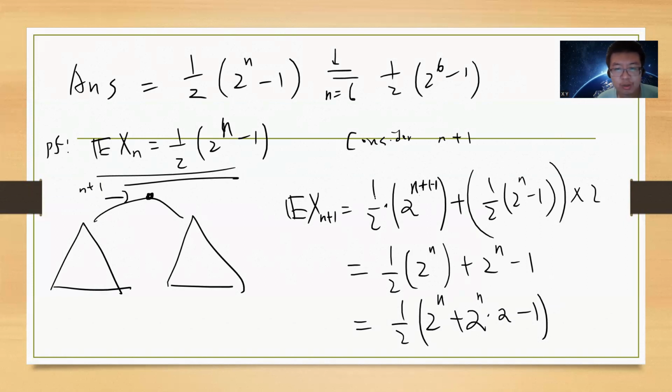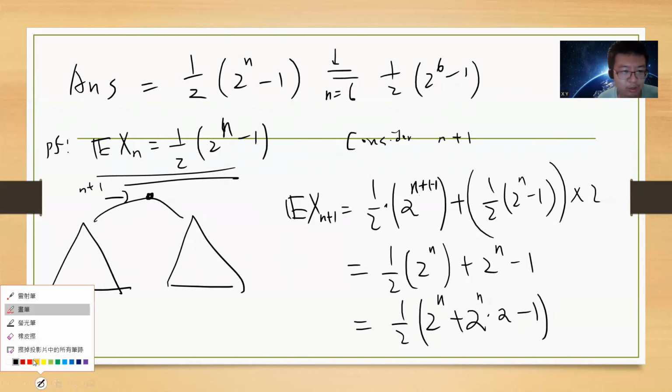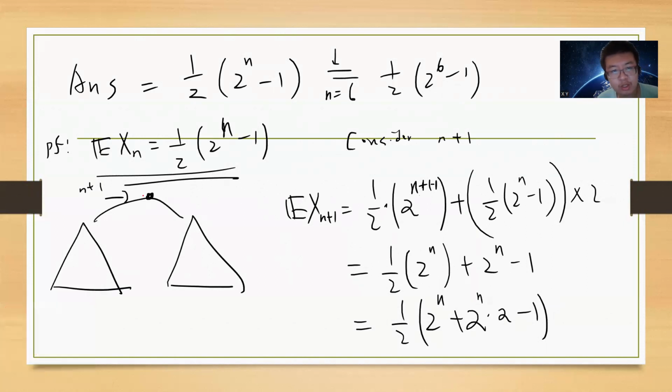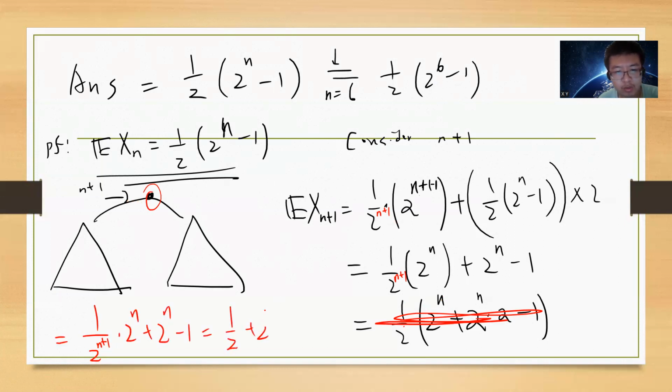Oh, so this is 1 divided by 2, and I always do some stupid thing. Okay, sorry about this. So it should be 1 divided by 2, and this is the largest, right? So I should get n plus 1. Okay, so I should get results will be 1 divided by 2 to n plus 1 times 2 to n plus 2 to n minus 1. So I get half of 2 to the n minus 1.